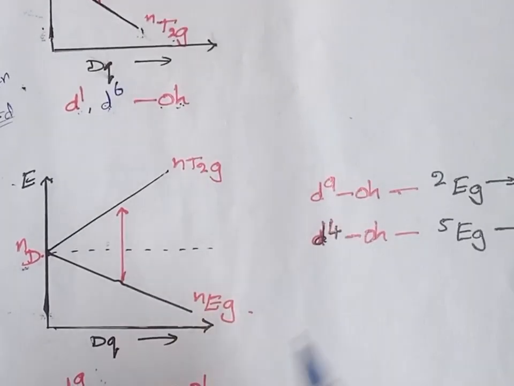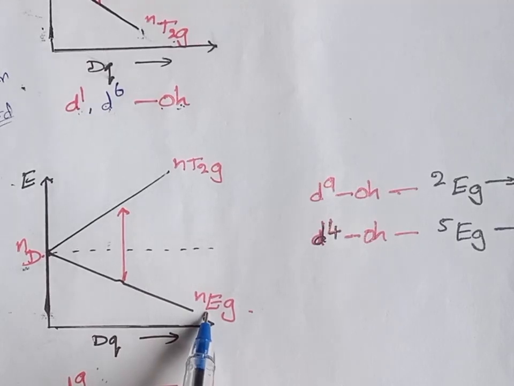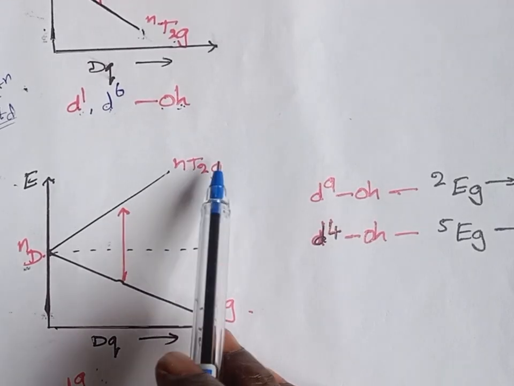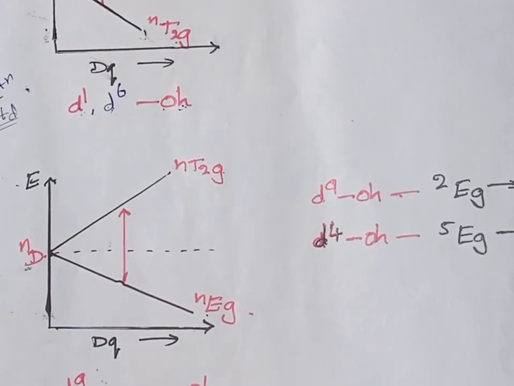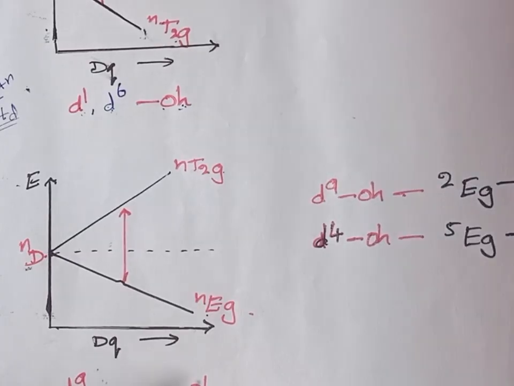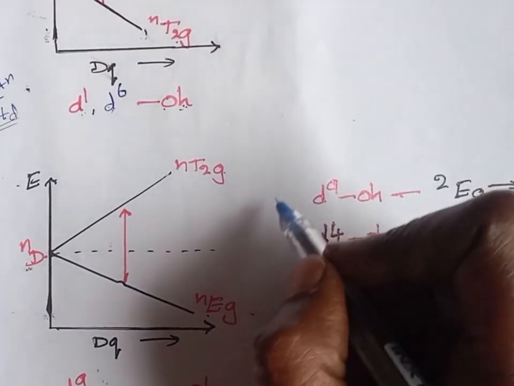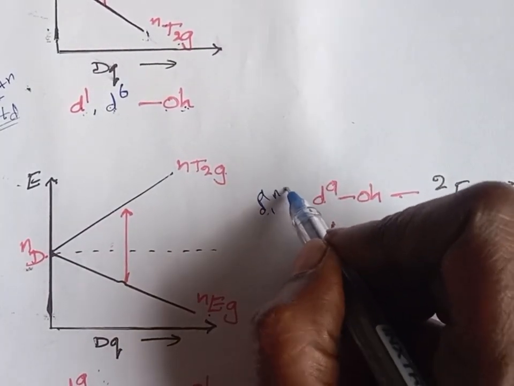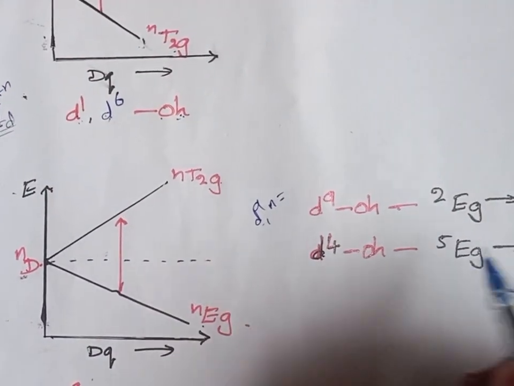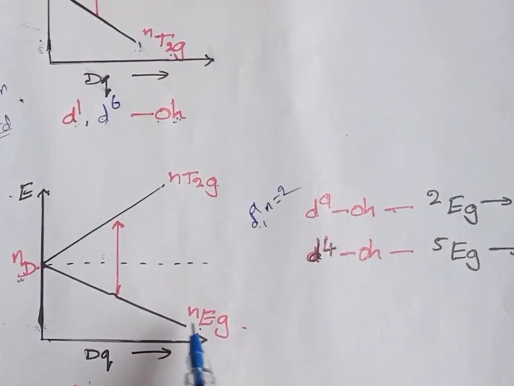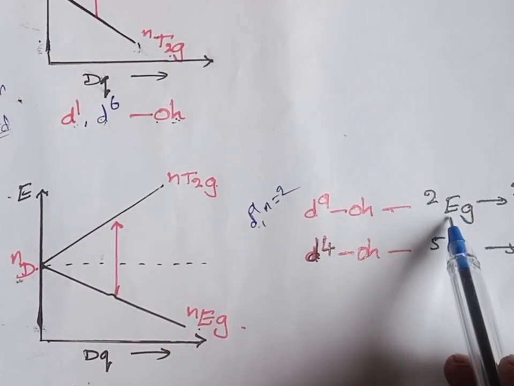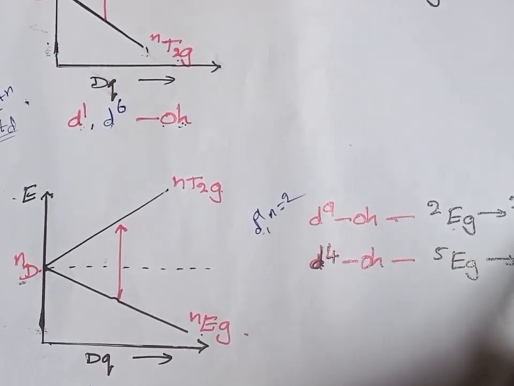So whole reverse. The lower energy level is Eg and the higher energy level is T2g. It is for D1, D9 octahedral. So for D9, n equals 2, right? So the possible transition is 2Eg to 2T2g.